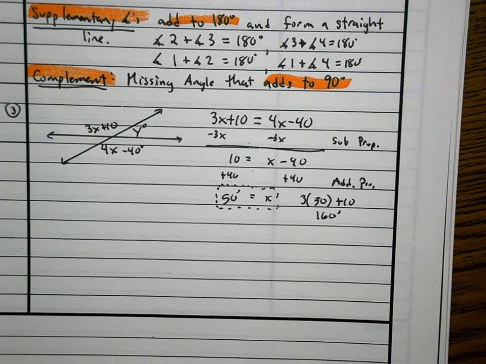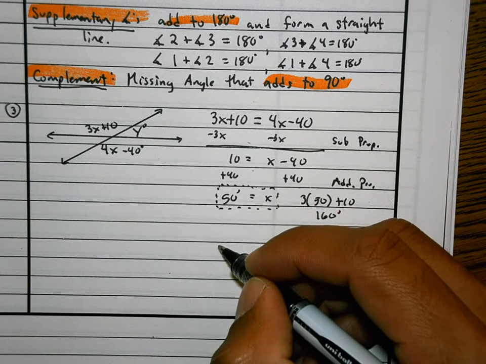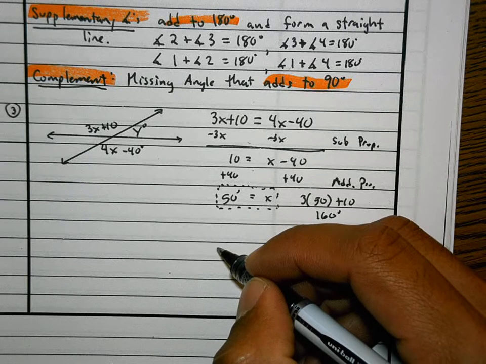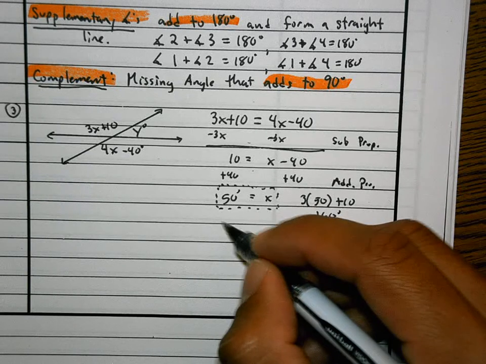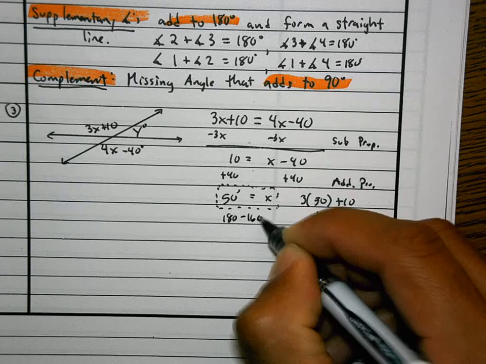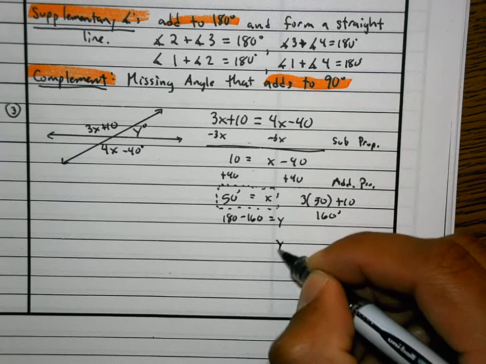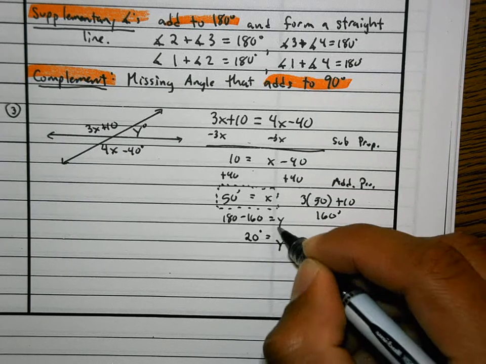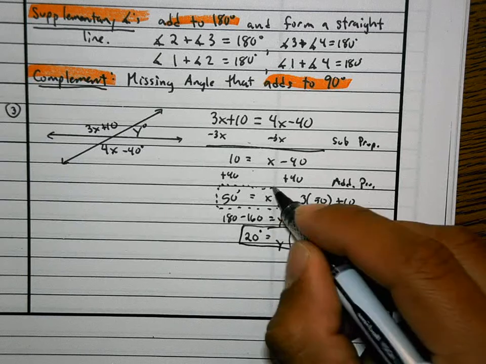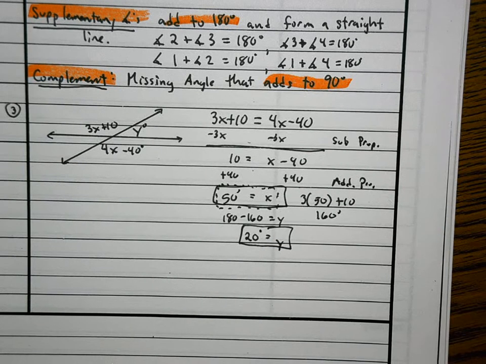Right. So what did you do? There you go. 180 minus 160 gave you what y is. Y was equal to 20 degrees. I'm just going to write that down. And this is what you actually have for your 2 answers, number 3.